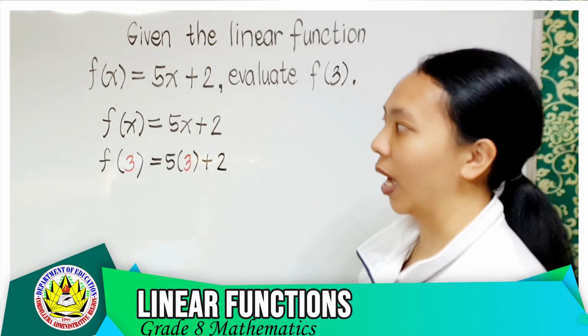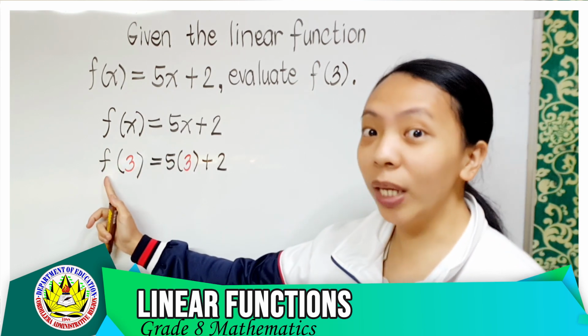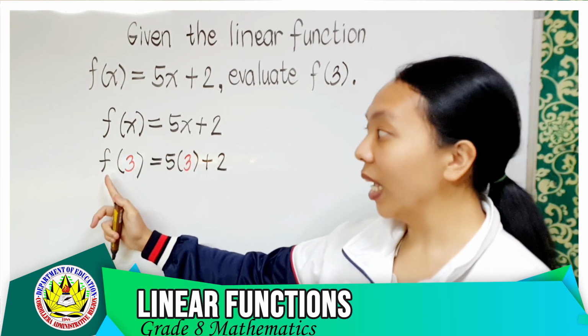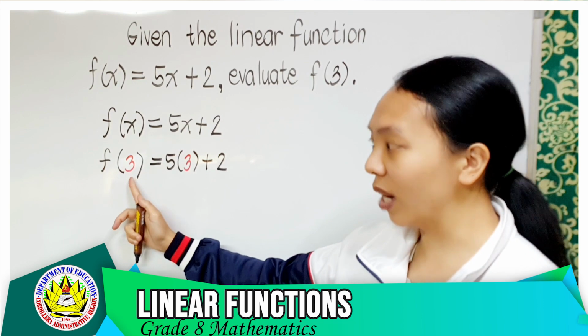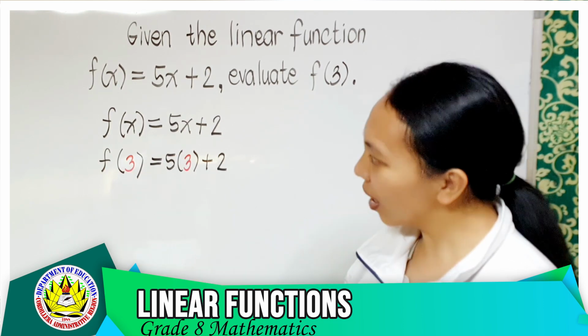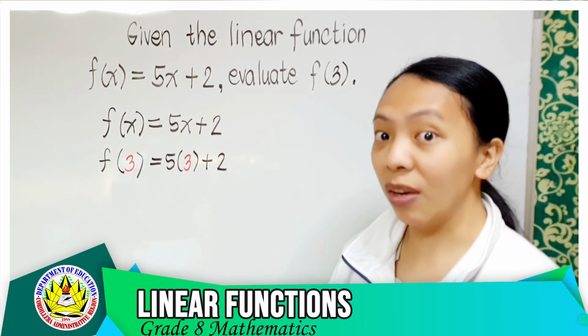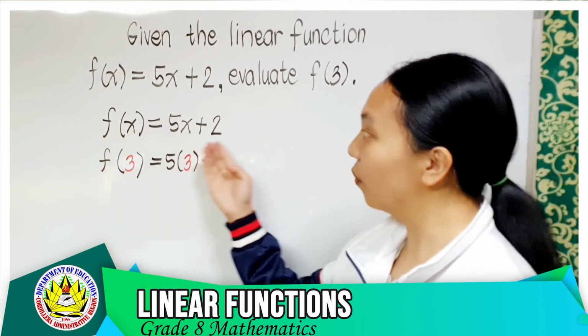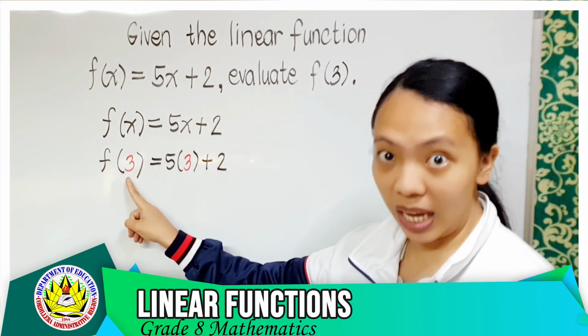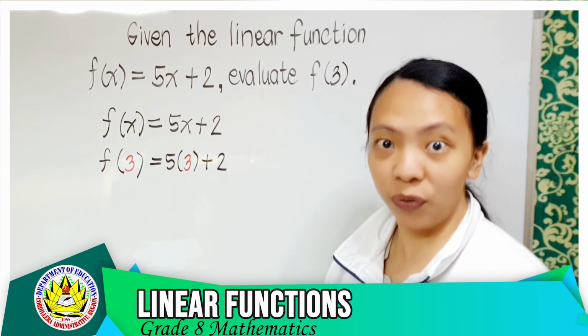Let's simplify. Take note, we are not going to multiply f by 3. We are not going to do that. Why not? Because f of 3 simply means we evaluate the given function at 3. This is actually the name of the function.